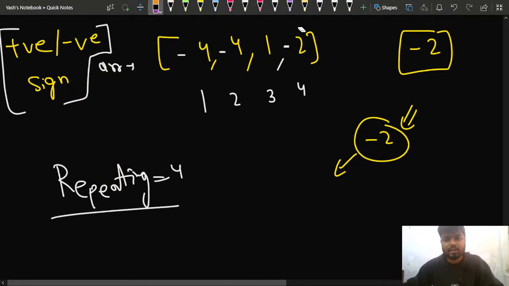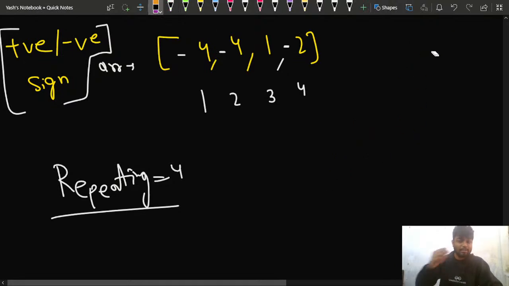Now notice one thing. Are all the elements becoming negative? Just look at this particular array and tell me one thing: at which index is the element positive, and what is the significance of that particular index? Can we get some clue? Can you give me some observation?